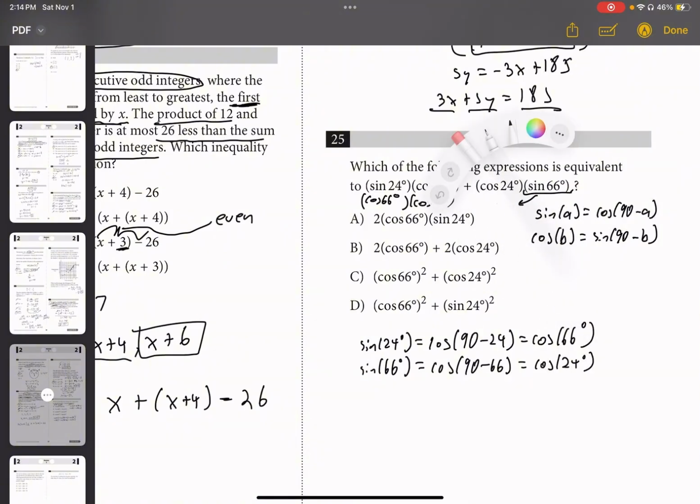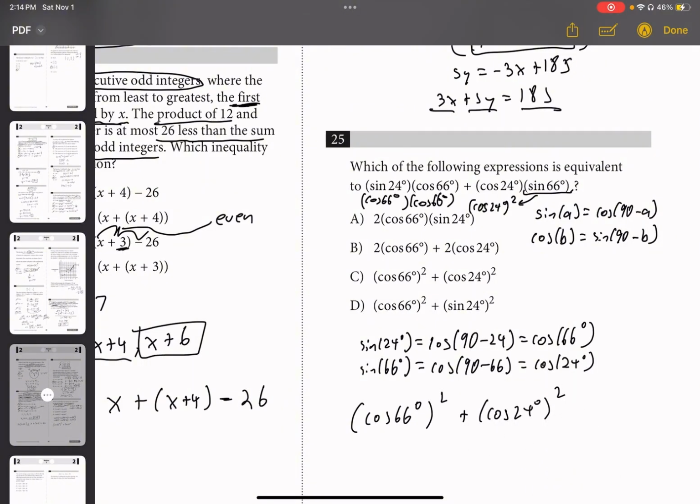Sorry, this is getting a little messy. Cosine 24 degrees squared. So we know that our answer is going to be cosine of 66 degrees squared plus cosine 24 degrees squared. I didn't write cosine of 24 times cosine of 24 here just because it's the same as squared. And if we look at our answer choices, this is going to match up with answer choice C.